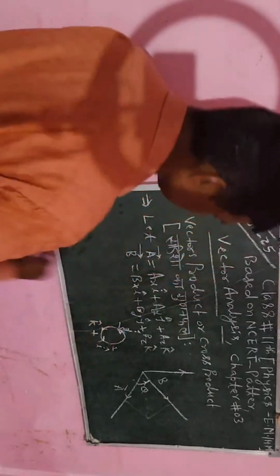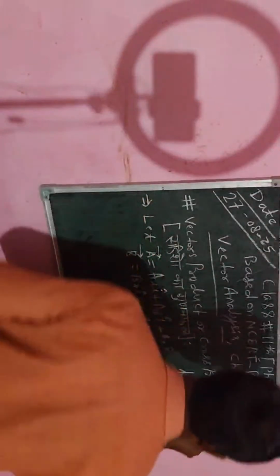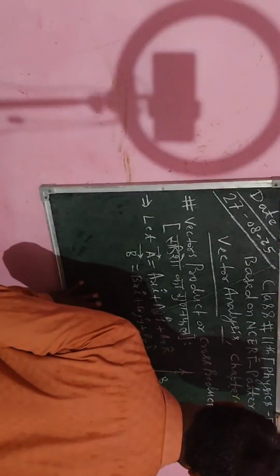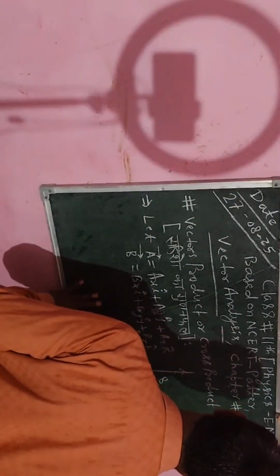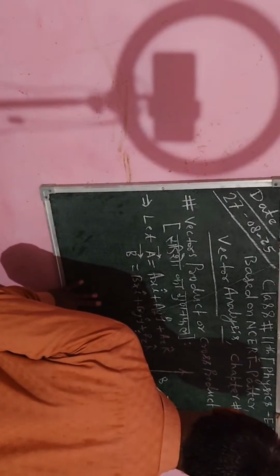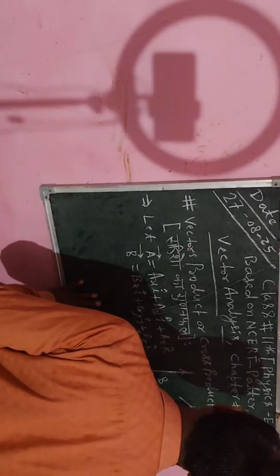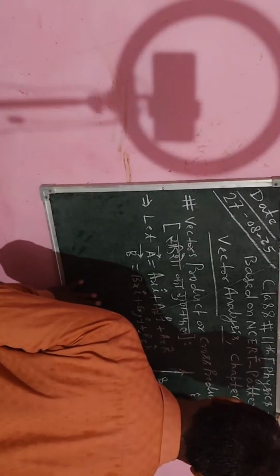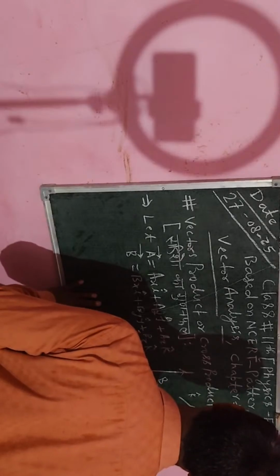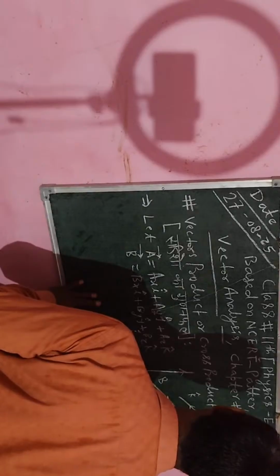Okay, so I will take its cross product. Now I am also going to explain its diagram in 3D. Along this I will say this is the vector i cap, along this the vector j cap, and along this the vector k cap. Its rotation will be in the anti-clockwise direction.